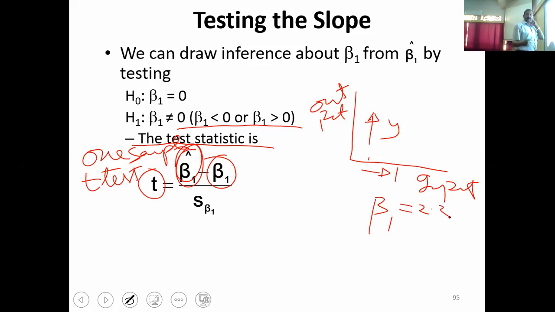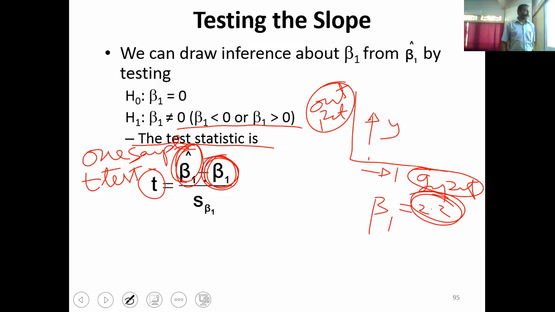That means if I invest 1 rupee as an input, and this output is a profit, I can obtain 2.2 rupees as the profit. So we can use it, and also we can test it. So this beta 1 need not be 0.